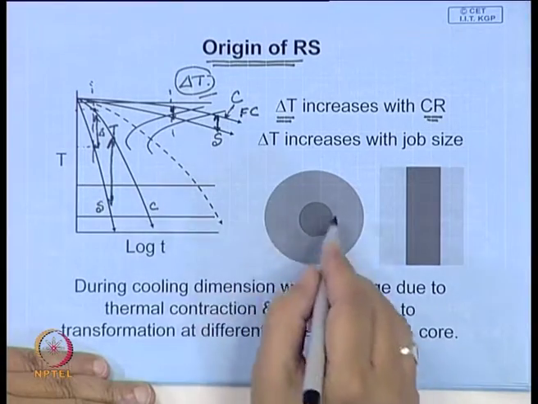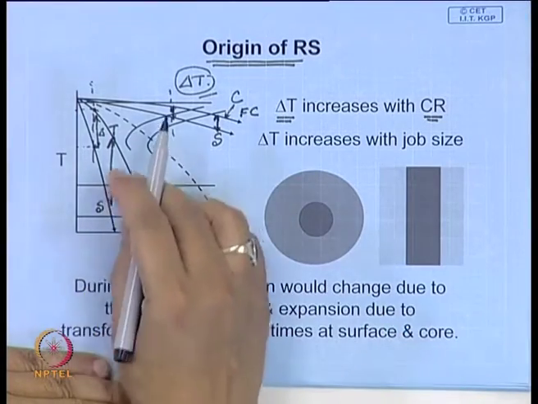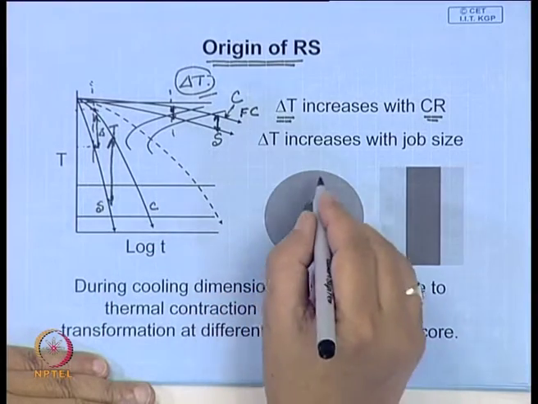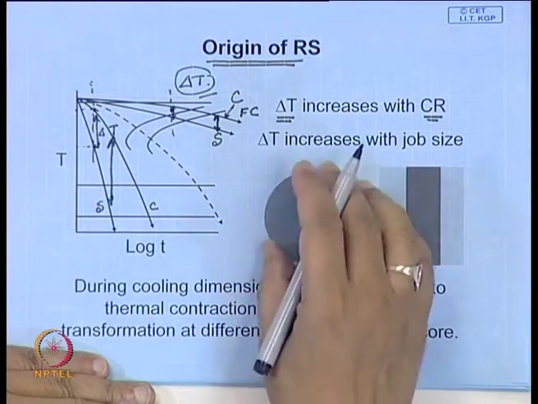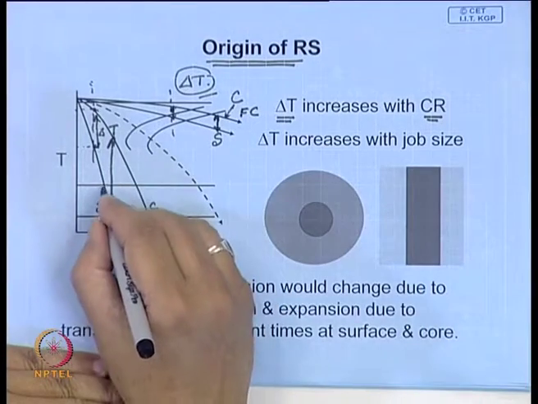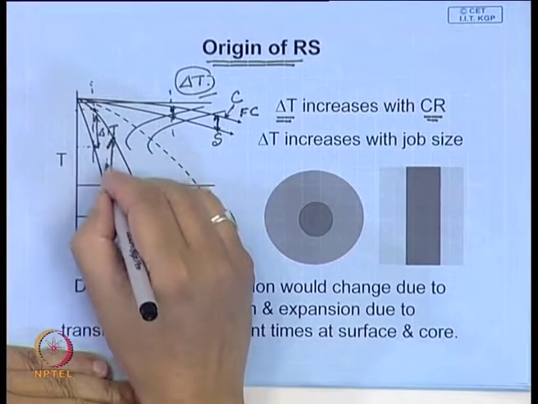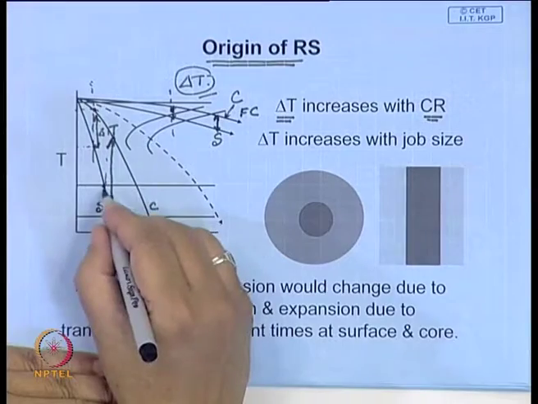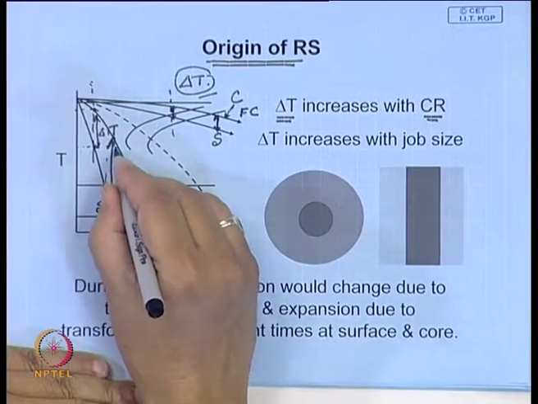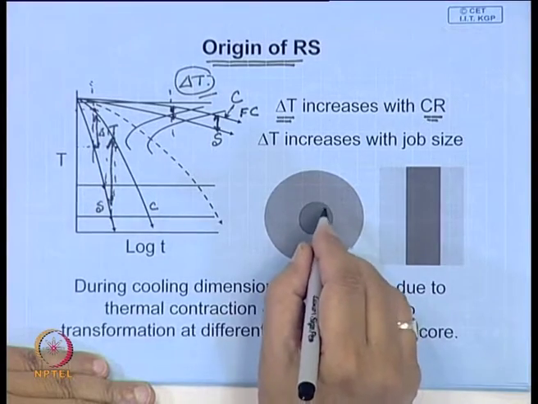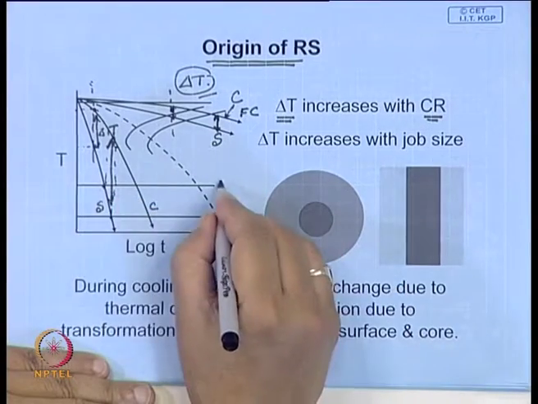And you can easily see, if we assume that transformation stress is much more critical, you will be able to show easily that here the martensite transformation starts at the surface. So, here the transformation has already started, and as you cool down, the temperature at the center is still much higher than the Ms temperature.